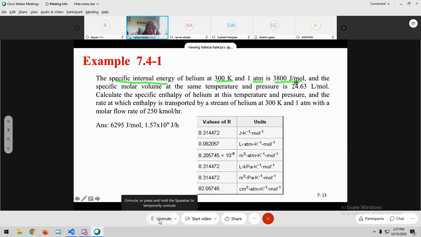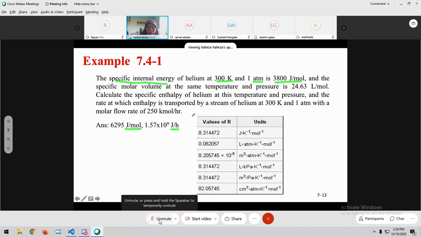Have a look at the unit. The unit is joules per mole. This is the rate. So you need to get your answer in joules per mole and joules per hour. Okay, so specific, and then we have the rate. I have over here the gas constant.